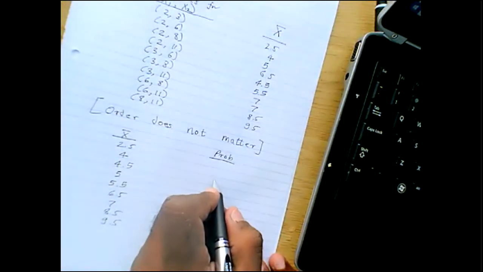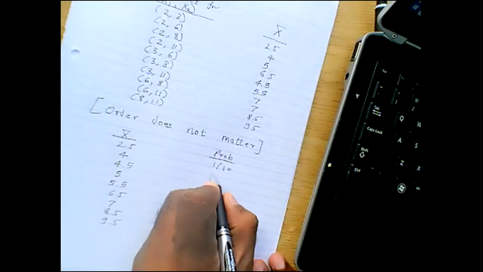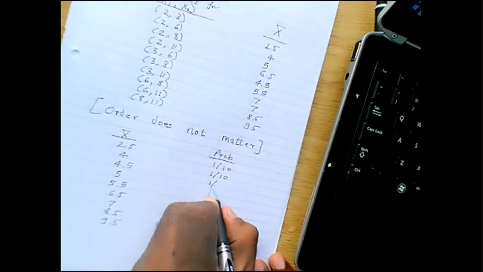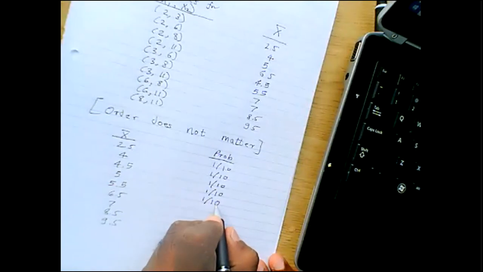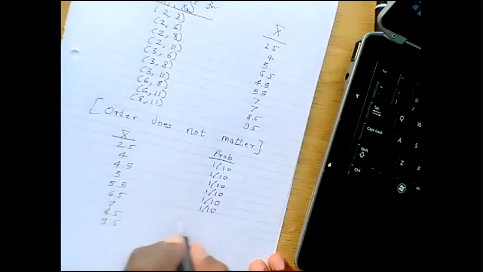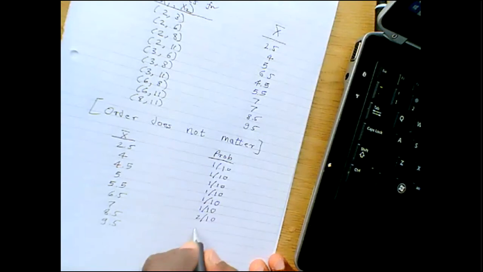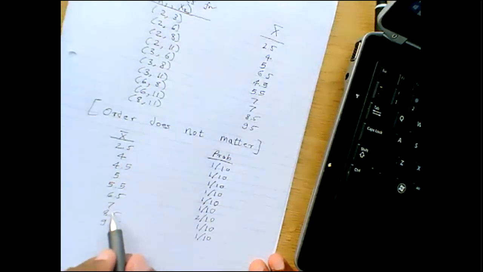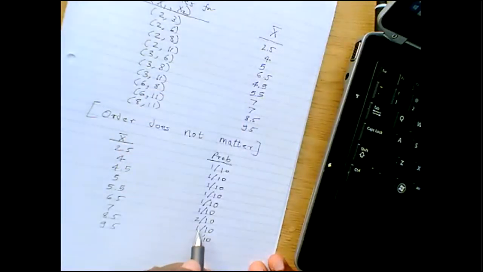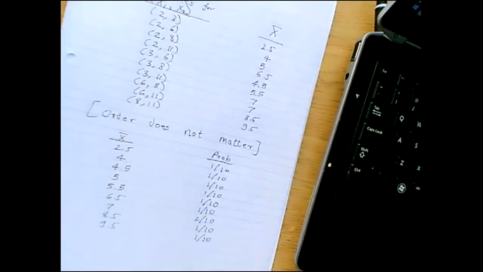The corresponding probabilities are these. You see, 7 occurs 2 times; except for 7, all the others occur only one time. So you have two 7s here. That's why you have 2 out of 10.